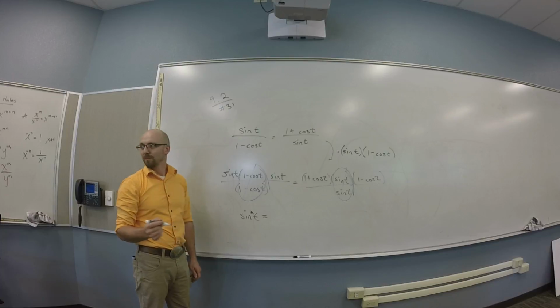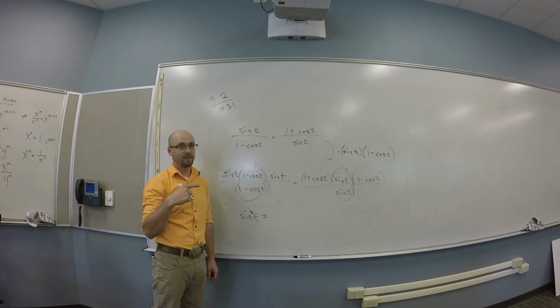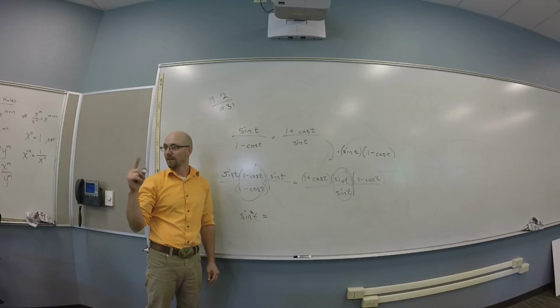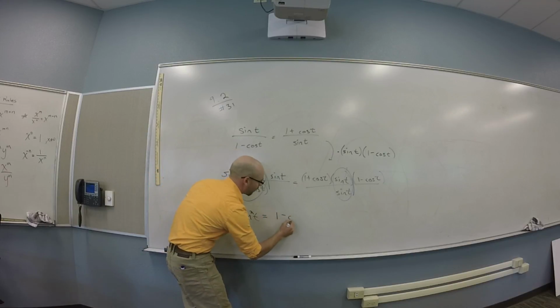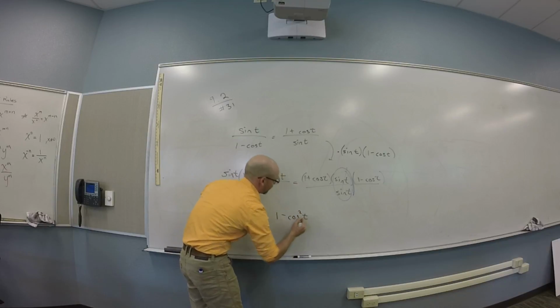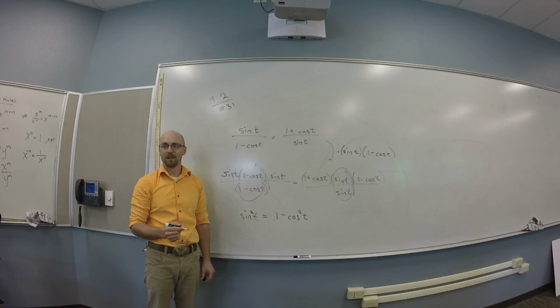No, you have to FOIL it. Yeah, remember to FOIL there. Or notice that thing looks like a difference of squares. So when you FOIL that thing out, you'll get 1 minus cosine squared of t. You guys see that?